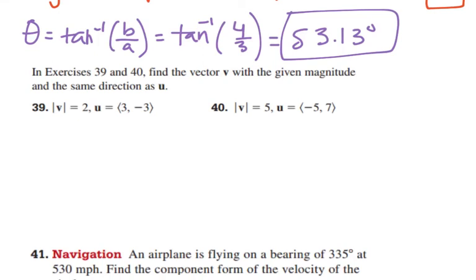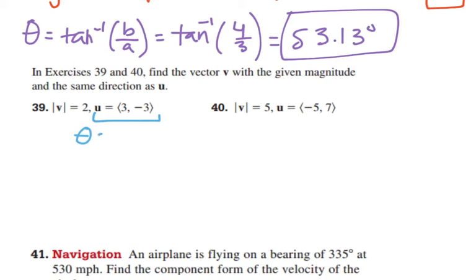Alright, so the next one, we're going to find the vector with the given magnitude and the same direction as u. Okay. Well, in order to get this new vector, we're going to need to find the angle of u, because then we'll know what the angle of v is going to be.